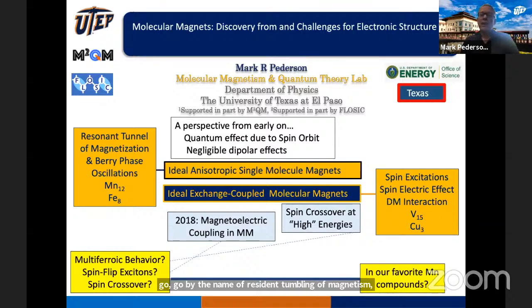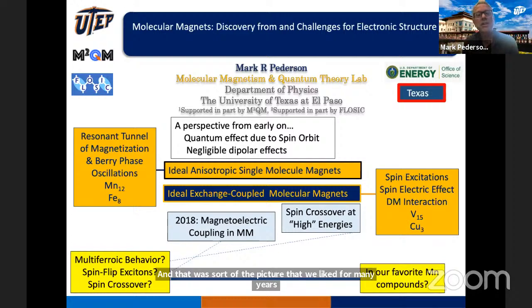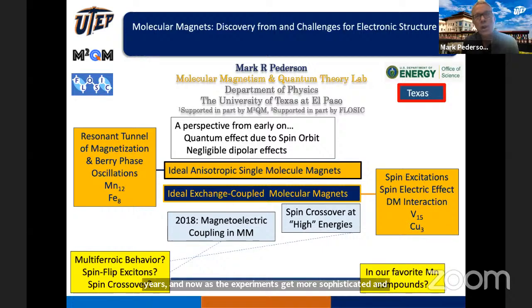And then there's a second type of idealized molecular magnet where exchange coupling between different metal centers is important. That was the picture that we liked for many years. Now as the experiments get more sophisticated and as we're able to do much more complicated calculations, we're starting to see both of those phenomena occur in certain molecular magnets.